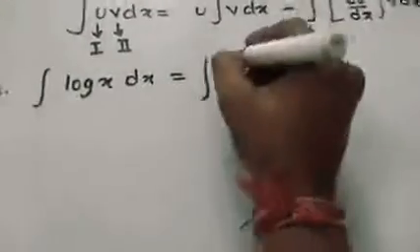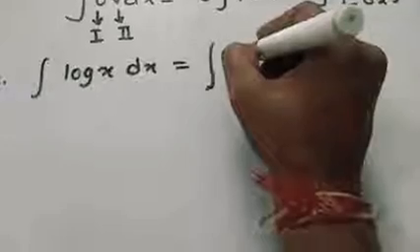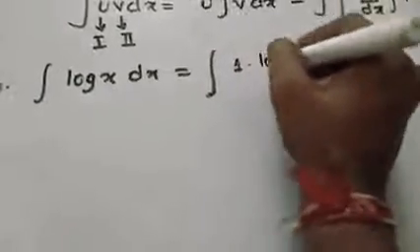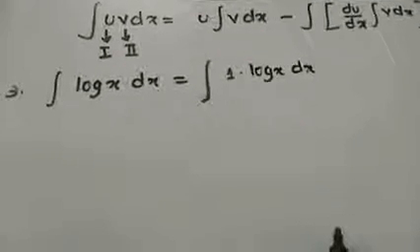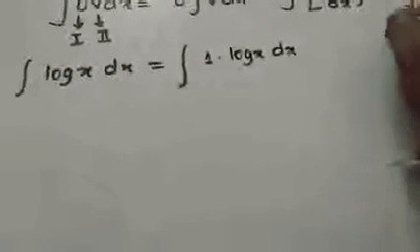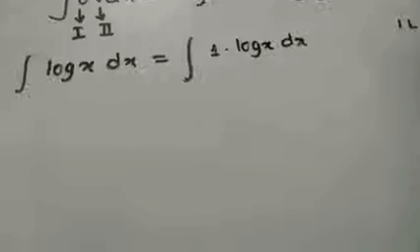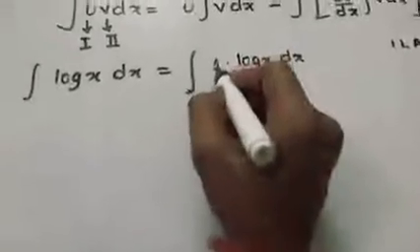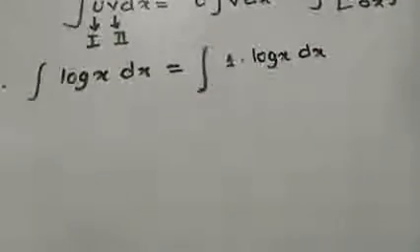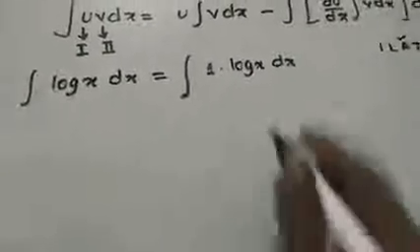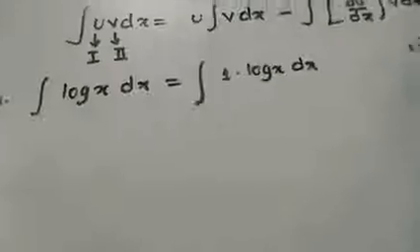Now see how. You can write 1 into log x. Now ILATE rule: 1 is also a polynomial, that means it comes under the category of algebraic. Log x comes under the category of logarithmic.